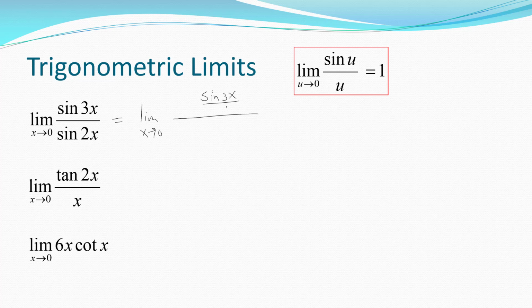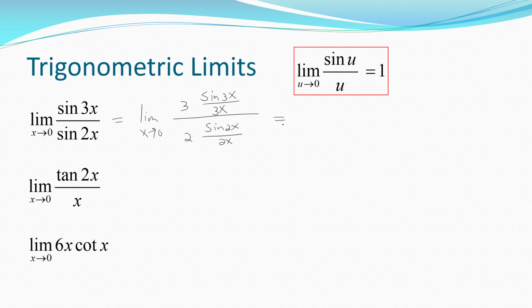I'm allowed to do that because x isn't 0, remember? There you go. And then in the numerator of the large fraction, I want the denominator of that fraction to be a 3. So I'll divide by 3 and multiply by 3. The same thing in the denominator of this large fraction. I want the x to be 2x. So I'll divide by x, divide by 2, and multiply by 2.